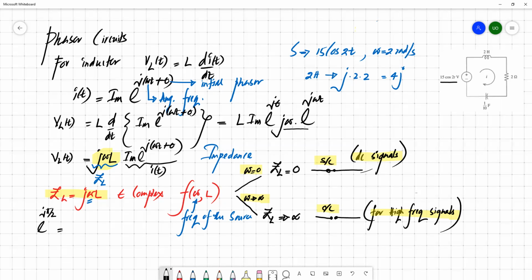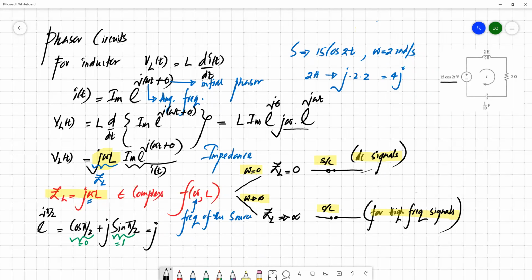If you apply Euler's transformation, this can be replaced with cos 5 by 2 plus j sine 5 by 2. We know that sine 5 by 2 is 1 and cos 5 by 2 is 0. So e to the power j5 by 2 simplifies to j.